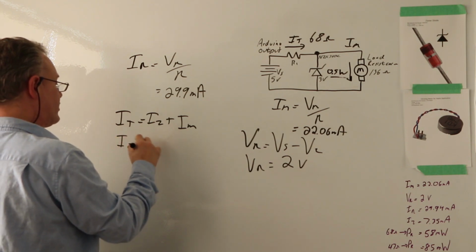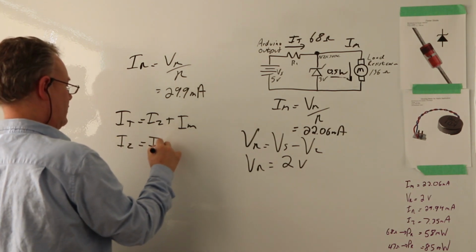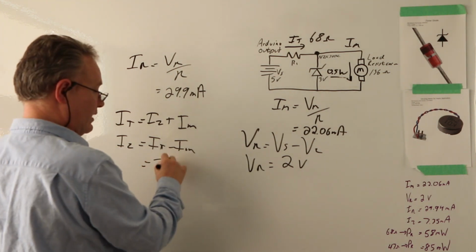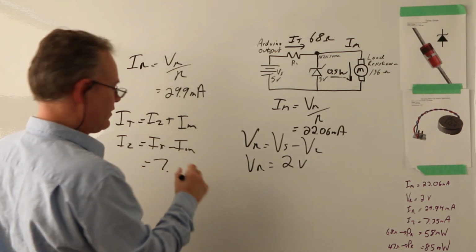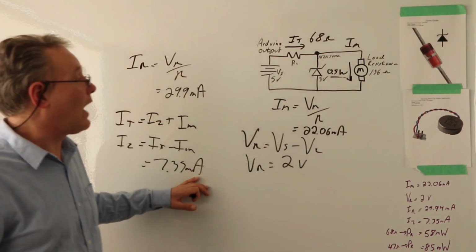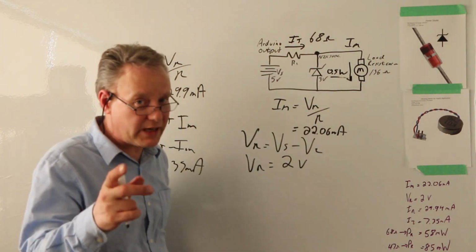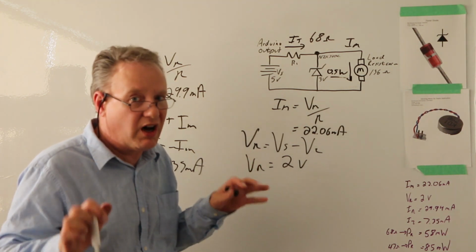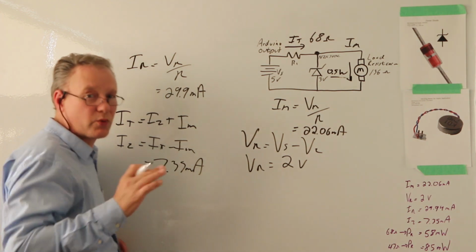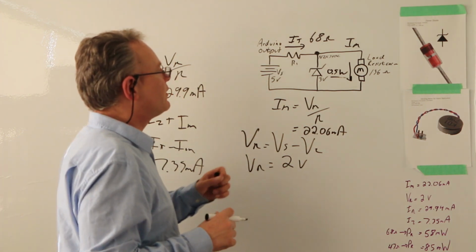Solving for the Zener current, I get IT minus IM, and in this case, I get the number down here, 7.35 milliamps. So I do have current going through here. When you calculate this, if your Zener's off, it's not working, that is going to be a negative number. But it's a positive, so we're good. We're golden.